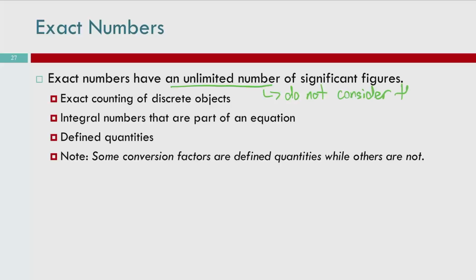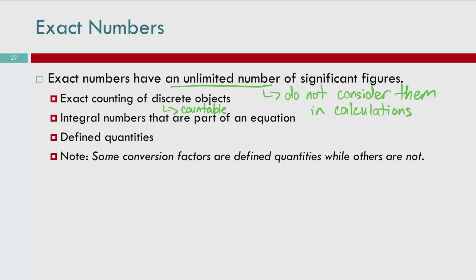So do not consider them in calculations. You can just ignore these exact numbers in calculations. Examples of exact numbers include exact counting of discrete objects. This is a different kind of discrete; you can also interpret this as countable.